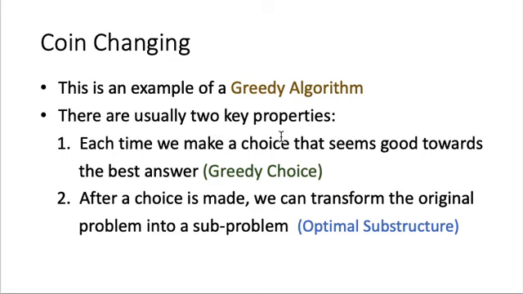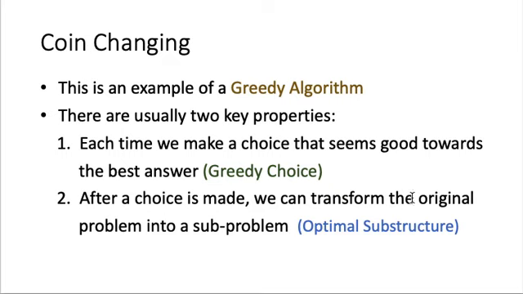So the two key properties of a greedy algorithm are like this. Each time we make a choice, and this choice seems to be good towards getting the best answer. We call this the greedy choice. And then after a choice is made, we transform the original problem into a subproblem, one that looks like the same type of problem as before.